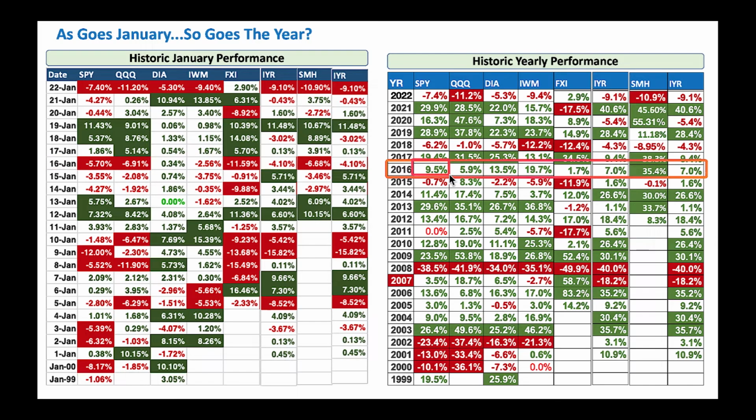The point I'm making is really when all these indices are down continuously or simultaneously, Nasdaq, S&P 500, IWM, major indices are down, you can see a muted result in the yearly performance, as you can see here. So that's why you got to be careful here. So the moment all the indices are going down in January, don't expect a huge pop for the year. Instead, expect a muted performance or even low at times.